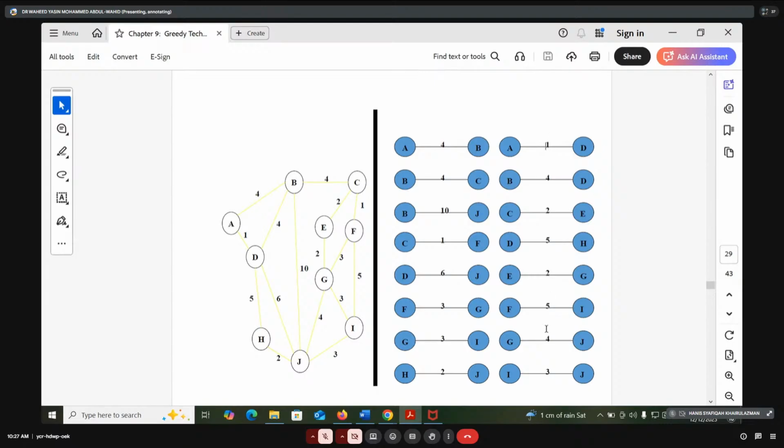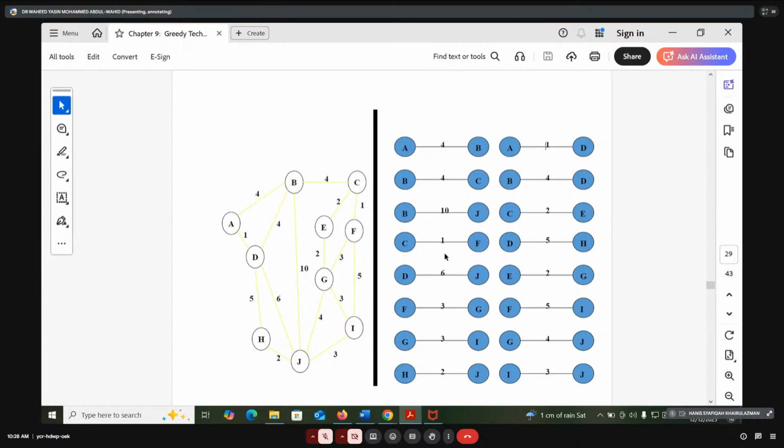that I have. And then I sort them in non-decreasing way, meaning ascending way. So here I will start with AB 1, AD 1 and CF 1. I will start with AD and CF, because they will be the minimum. I will start with this and then the increasing order.